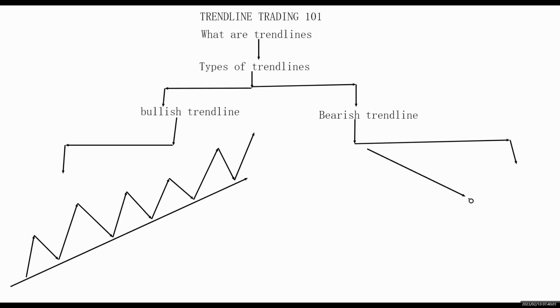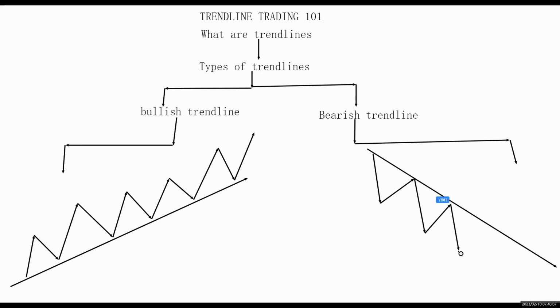In the case of the bearish trend line, we have a situation whereby price is forming into a resistance for the trend line and it's moving to the downside, and it keeps moving to the downside. So these are the two major types of trend line that we have in the forex market.